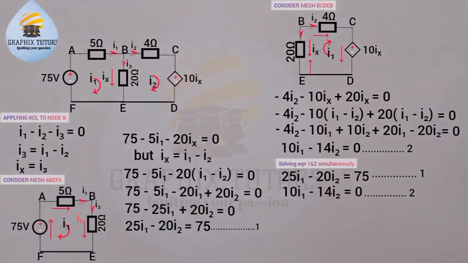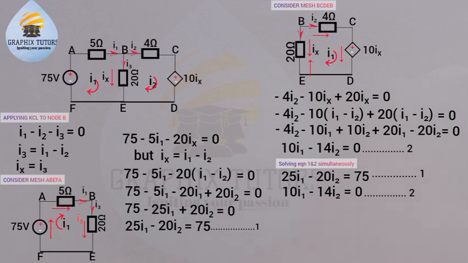We want to make the coefficient of I1 in equation 1 equal to the coefficient of I1 in equation 2. How will you do that? You're going to multiply equation 1 by 10 and multiply equation 2 by 25. These two are the coefficients of I1 in both equations.